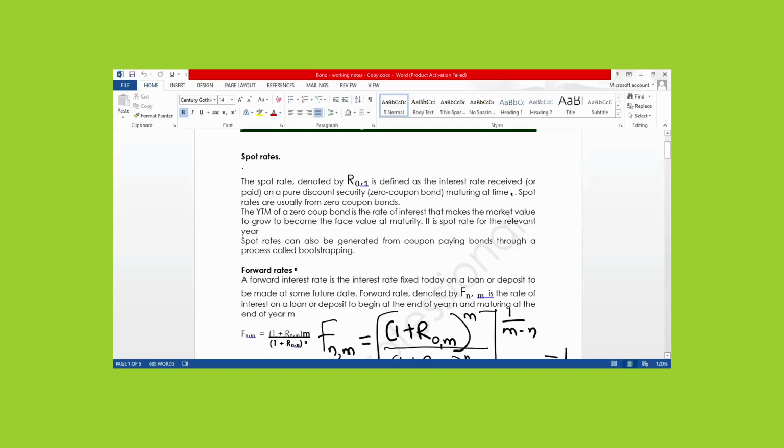Spot rates can also be generated from coupon paying bonds. You can calculate spot rates on a zero coupon bond, a bond that will not pay coupons.